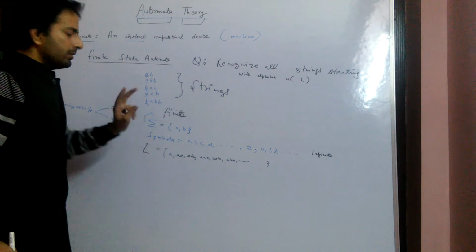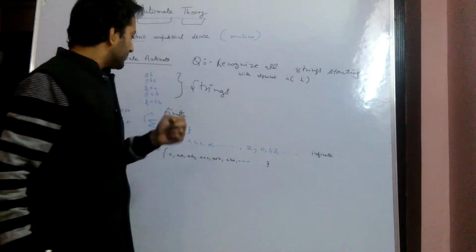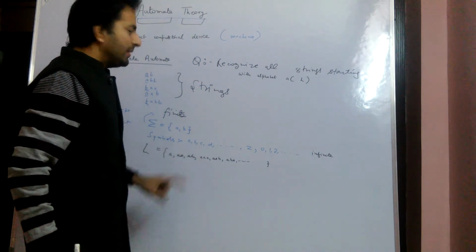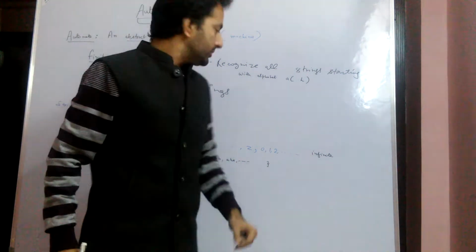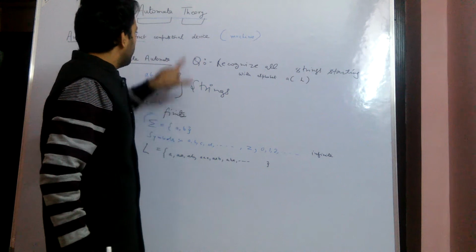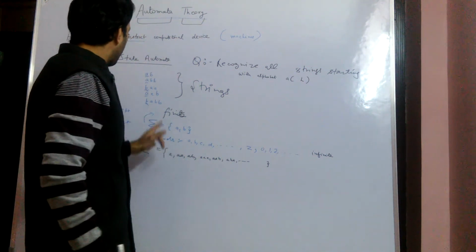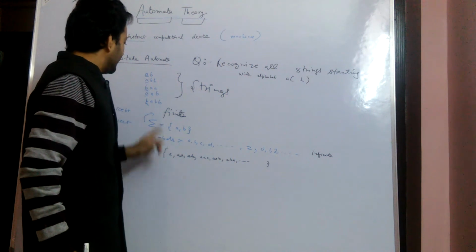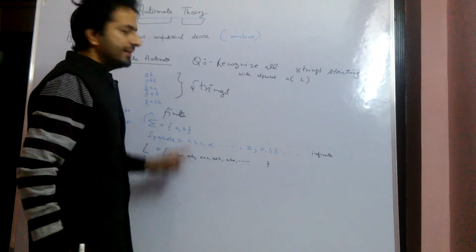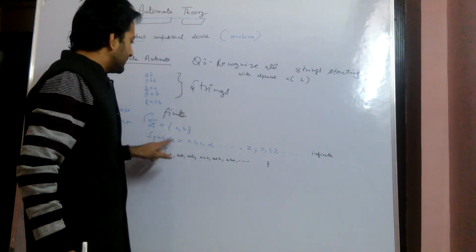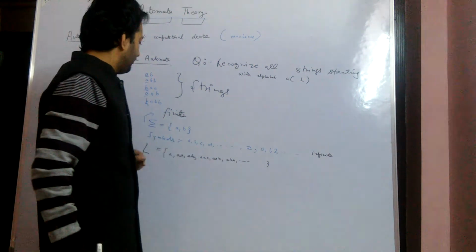Now overall we have three necessary terms if we want to understand what a particular machine is going to perform. For a machine to recognize all the strings starting with A, first of all we should have a set of alphabets, which is a finite set from the set of symbols, which is in fact infinite.